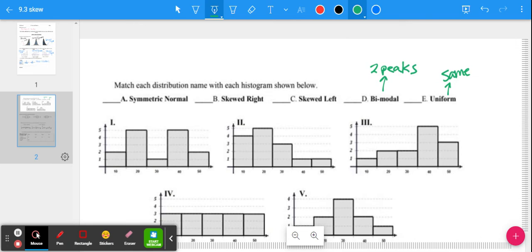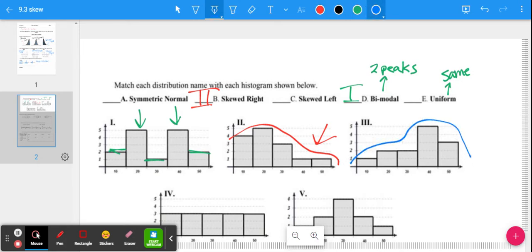So now that we know what everything represents, we can go through and label each of these graphs. So in this first one, there are two peaks of information that have dips between them. So this one is bimodal. For the second one, the tail is on the right, so this one is skewed right. On the next one, the tail is on the left, so this one is skewed left.